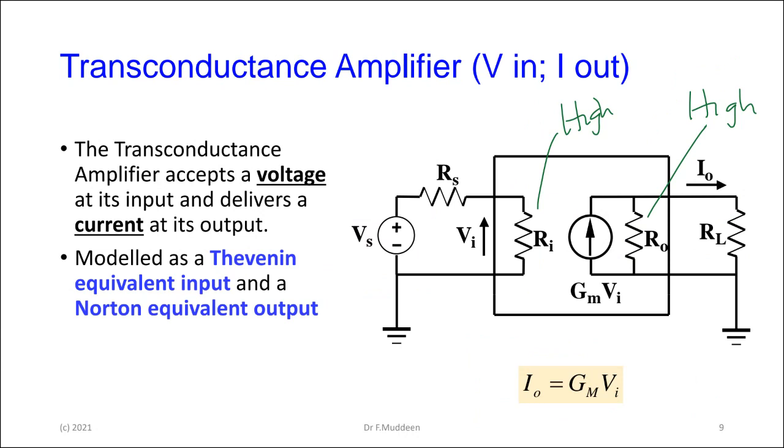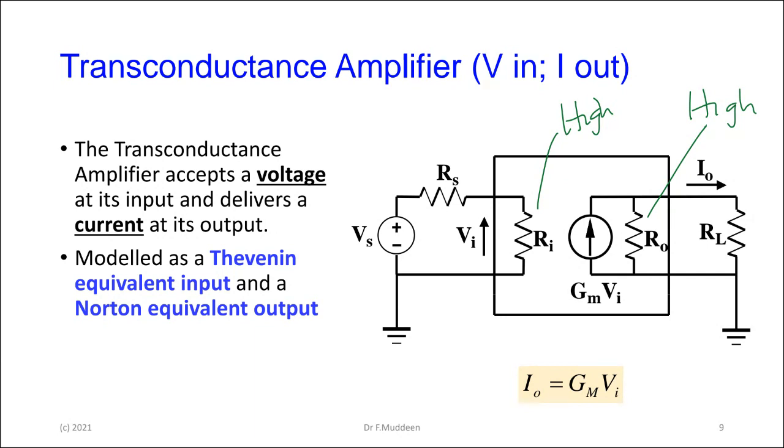Next, the funny hybrid ones, the transconductance amplifier. In a couple of slides, we'll see what these may look like and where you're going to encounter them. The transconductance amplifier takes a voltage at the input and gives me a current at the output. Because at the input we're dealing with a voltage, we model the input as a Thevenin equivalent, so that side is a hybrid now. The input model is a Thevenin, a source and a resistance in series. The output is a current because it's supplying current, so the output is a current source in parallel with a resistance.